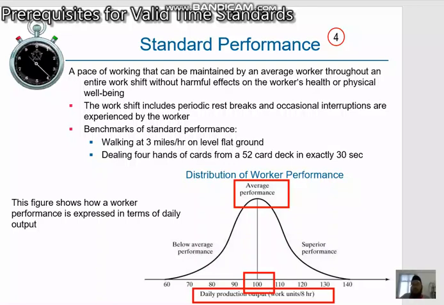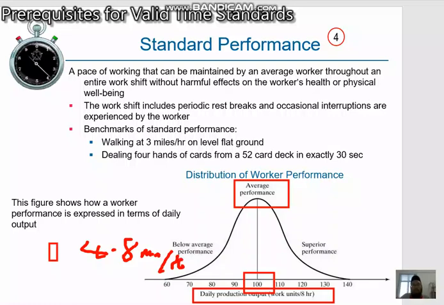So it means that 480 minutes divided by 100 pieces, the time taken to produce one piece is 4.8 minutes.